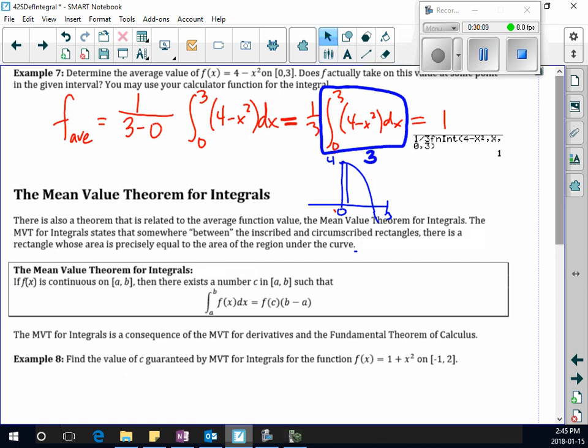So the total area between this hump and this hump here is 3. And so they're saying from going from 0 to 3, the average area is 1. If you think about it, you're accumulating the area, and then at some point you're subtracting the area here because this is under the curve.